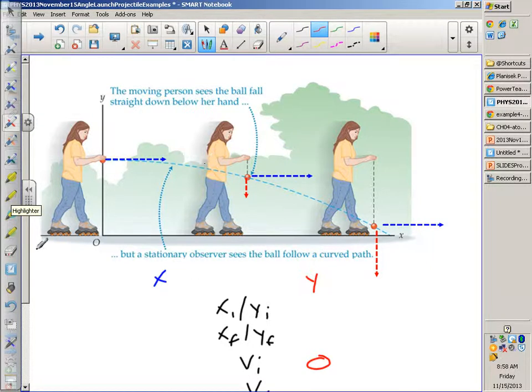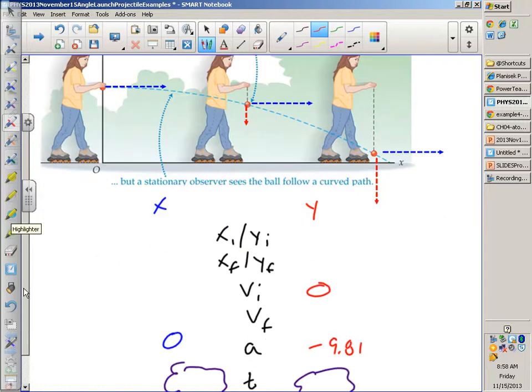Okay? And we referred to that as a horizontal launch. And we then took it from there and said, okay, where's it going? What's its distance? Okay?